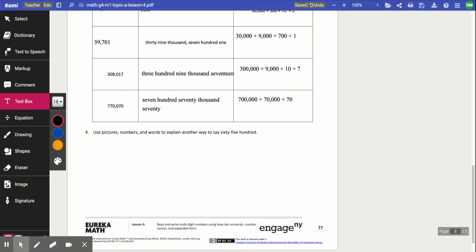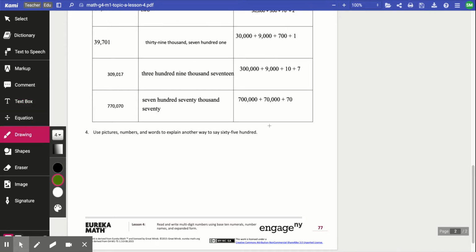Use pictures, numbers, and words to explain another way to say 6,500. Okay, so I'm just going to take a note here. You're going to know something about me. I like to take a lot of notes. So I see what they're asking me to do. Not 100% sure I know exactly what I'm supposed to do, but I'm just going to take a note here.